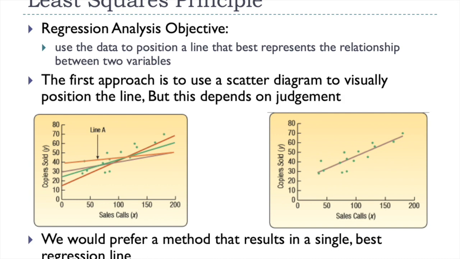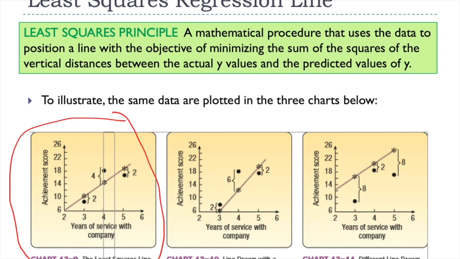Let's look at that some more. The definition, up here in the green chart, is a mathematical procedure that uses the data to position a line with the objective of minimizing the sum of the squares of the vertical distances between our actual y values and predicted values of y. Here are 3 examples to show you what this is talking about.